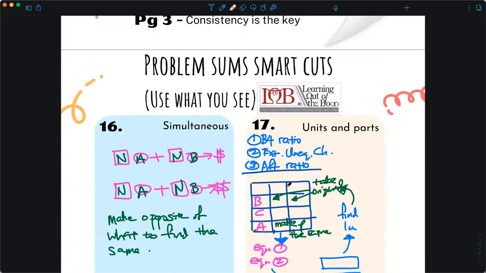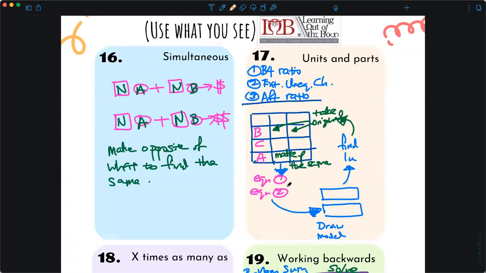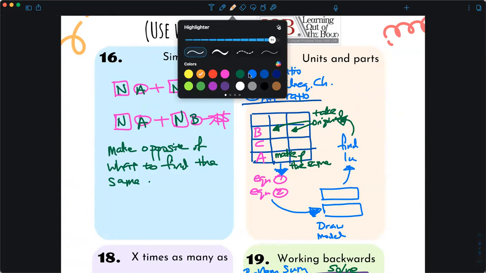Okay, last one will be, for the last page, simultaneous. Simultaneous is very straightforward. So for example, they have 1 chair plus 1 table cost so much, 2 chairs plus 1 table cost so much.